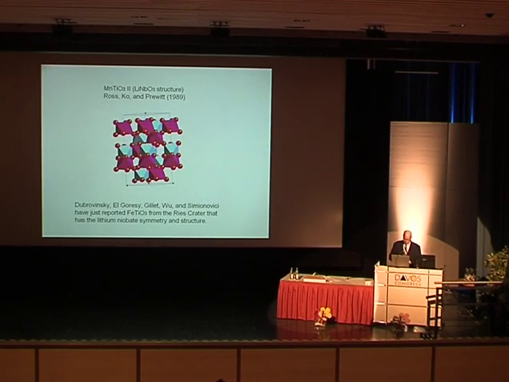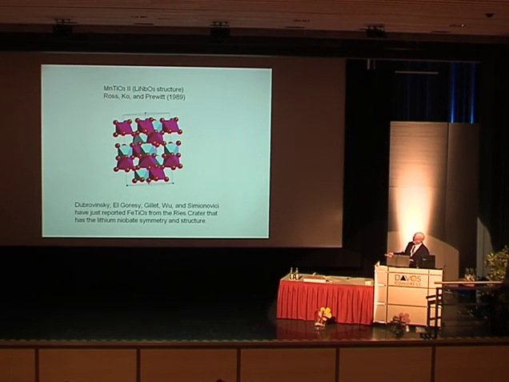Okay, I have one more item to present to you. I had a graduate student, Jadon Ko, who was interested in high pressure studies, and he synthesized MnTiO3 at high pressure and found that it had the lithium niobate structure. And the lithium niobate structure is characterized by having the cation pairs, the manganese titanium vectors, all pointed in the same direction, whereas ilmenite would have half of them in one direction and half in the other.